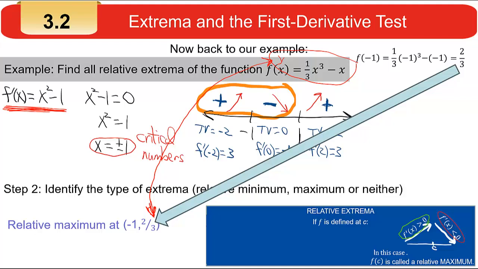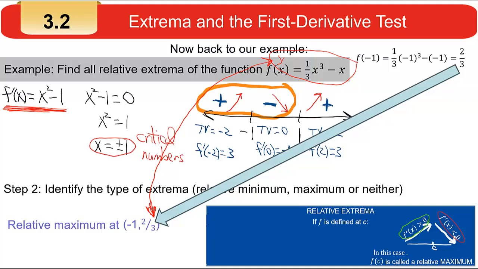Technically, the minus 1 is the x-coordinate of the relative maximum. 2/3 is the relative maximum, and the point where that occurs is the point minus 1 comma 2/3. So it depends on what the problem is asking for as to how you answer the question. Sometimes they'll just say, where does the relative extrema occur?